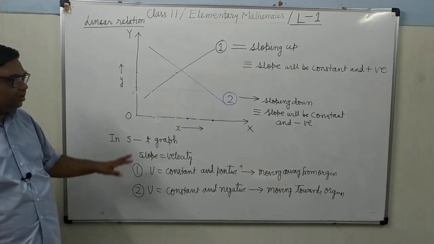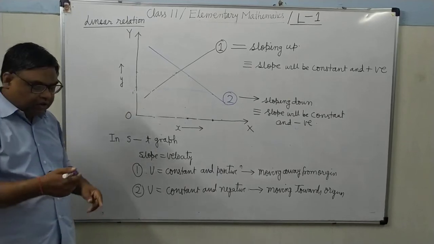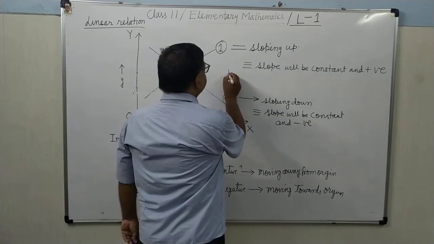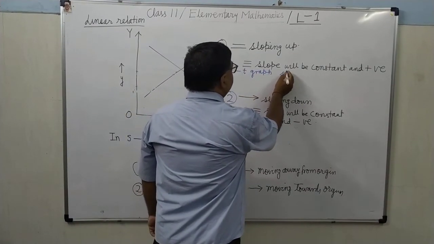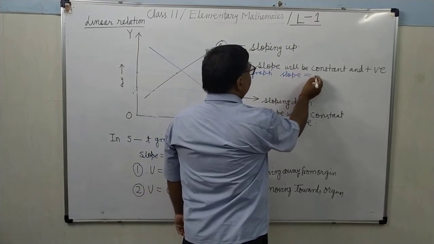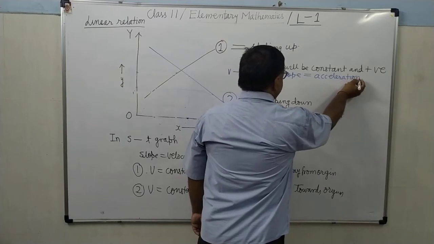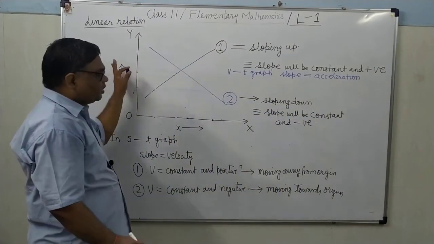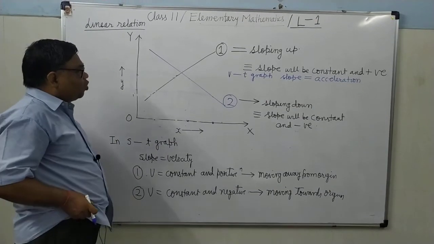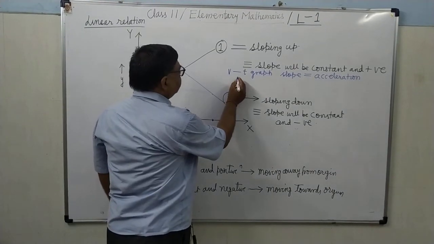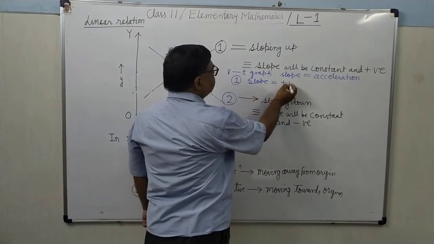It's clear? Now, if it is a velocity time graph, here it is velocity, here it is time. In velocity time graph, already I have told, slope means acceleration. Remember, now it is a velocity time graph. So in the first case, slope is positive.